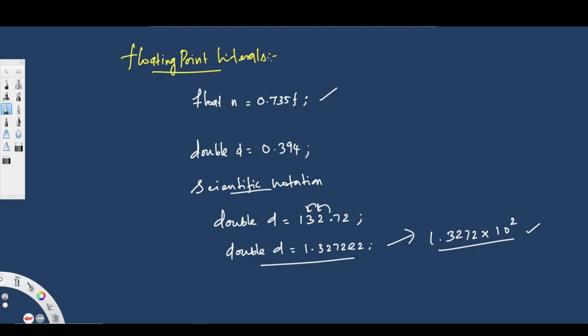To summarize this, Java will not talk about whole number or a fractional number. So it has its own terms to specify that number. Those terms are called integer literals and floating point literals, right?